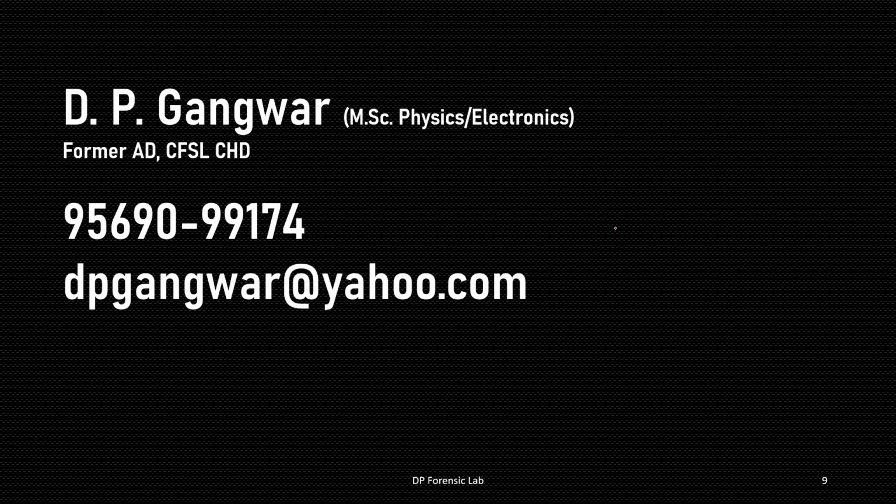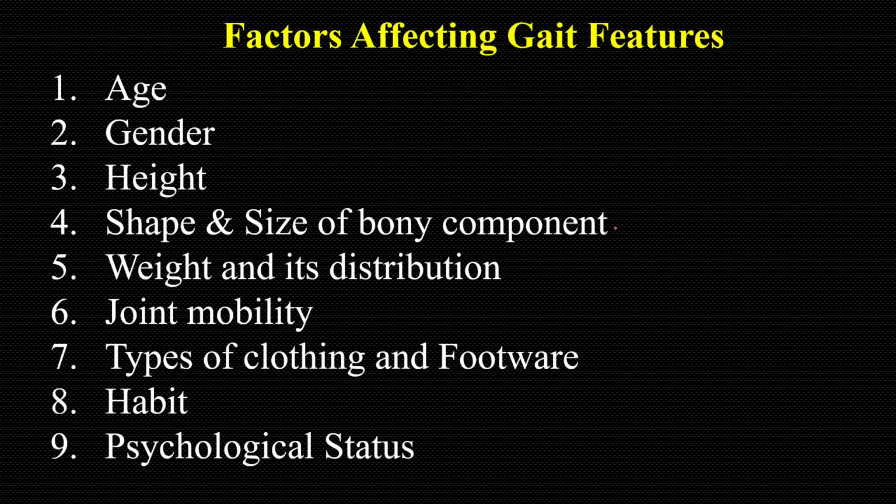It is also a fact that there are various parameters which affect the gait features, like age. Due to age, the gait features may vary. This is also gender dependent, height, shape and size of the bony components, weight and its distribution. This is also important.